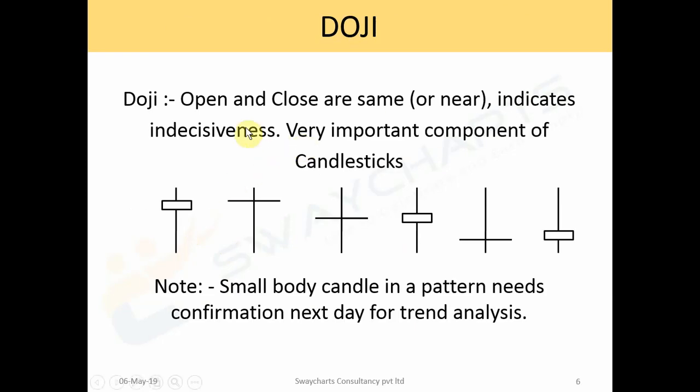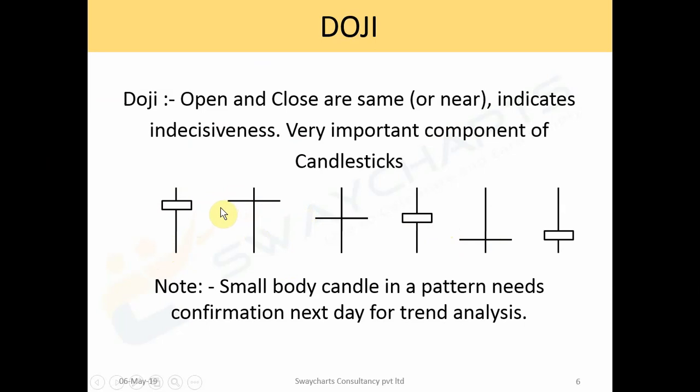So doji means open and close are the same. They indicate indecisiveness, and there can be different types of doji. So as I said, it can have some real body, but it is negligible compared to the entire length of the candle, right? So these are all different types of dojis that we can see in the market, right?